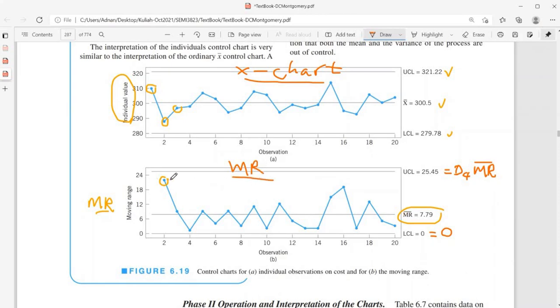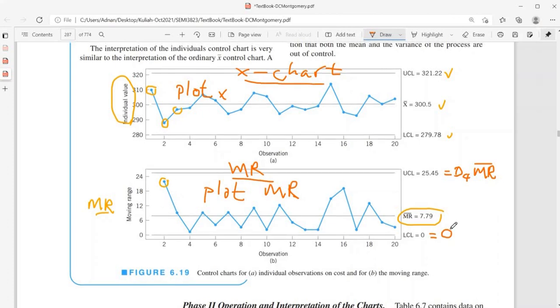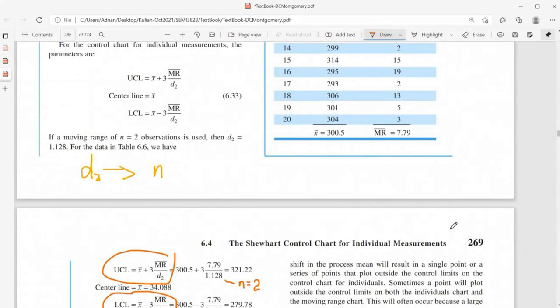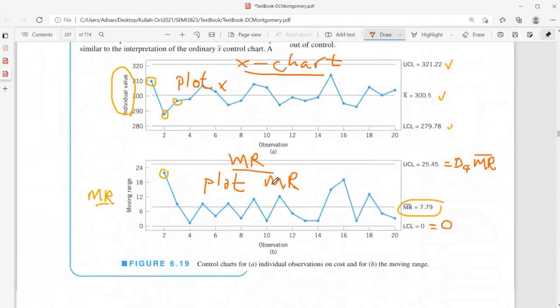So what we plot here is the X values, and here we plot MR, starting with number 2 and so on. Please go through this. It's clearly stated here for moving range n equals 2, so D2 is 1.128. It's a very simple chart.